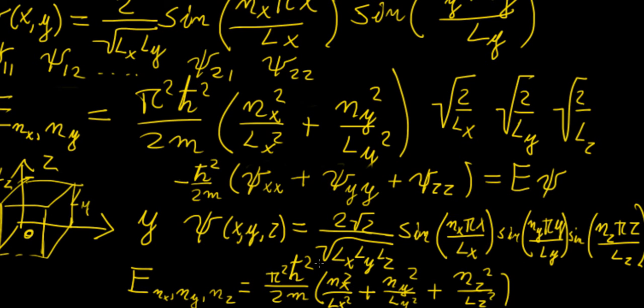So we solved this without actually having to go through the entire process, because we know that it's going to look like this based on the fact that the problem is just an extension of the two-dimensional case.